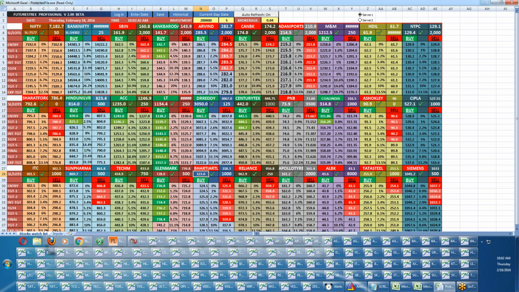So I think now Power Grid, it's still, you have a support there. So it has to break the support. So SBI, we had the buy, that was a gap up open. Now we have the sell side trades.